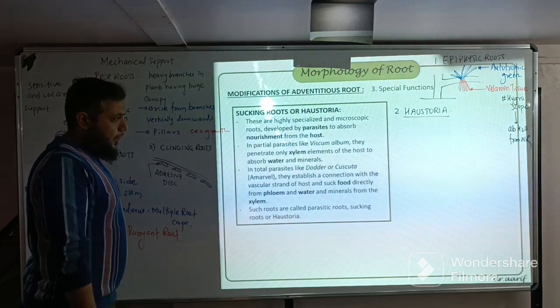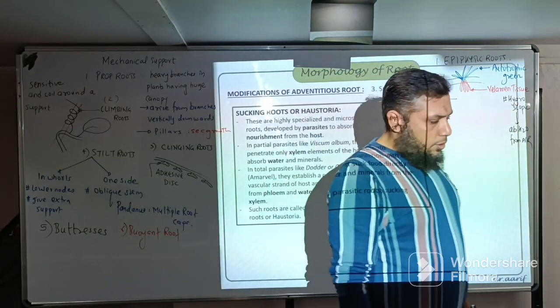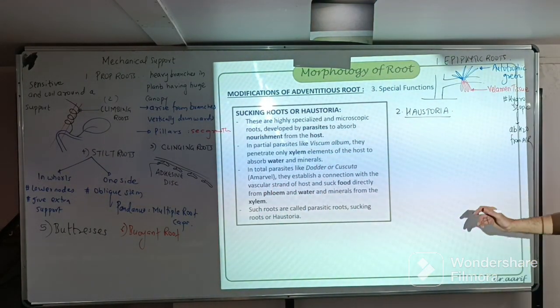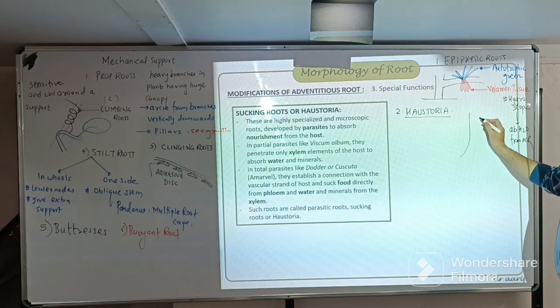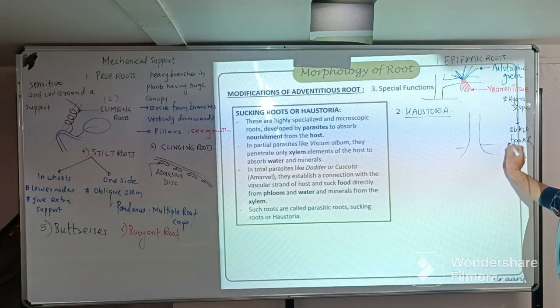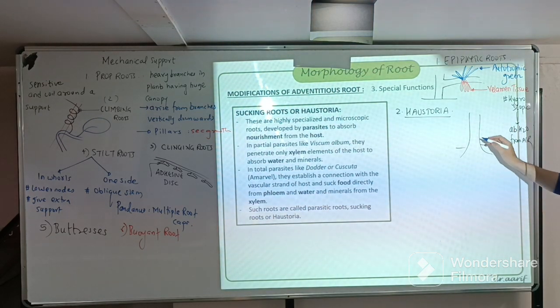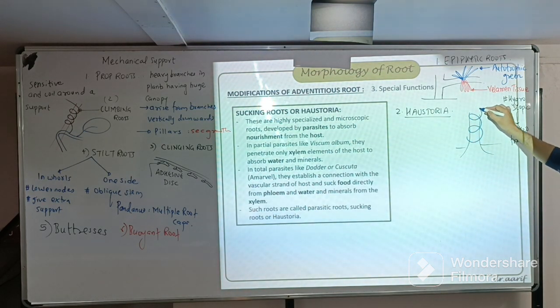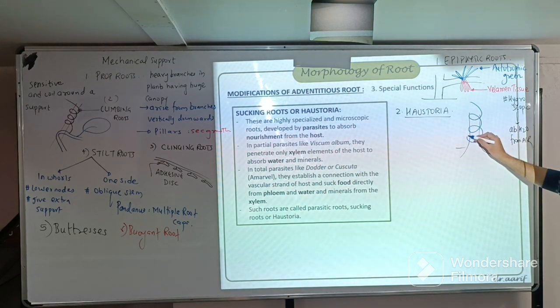Look here, guys. This is a mango tree stem, the one which I am showing in black. And on the mango tree stem, there is a brown colored wiry plant which is leafless that is growing on it.